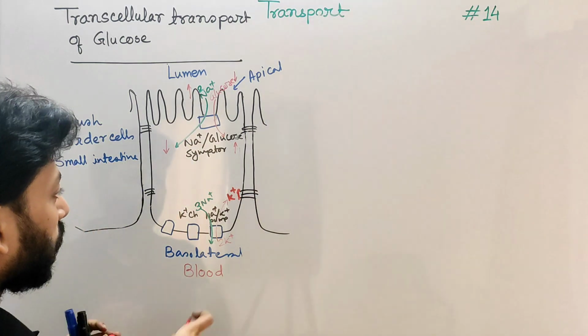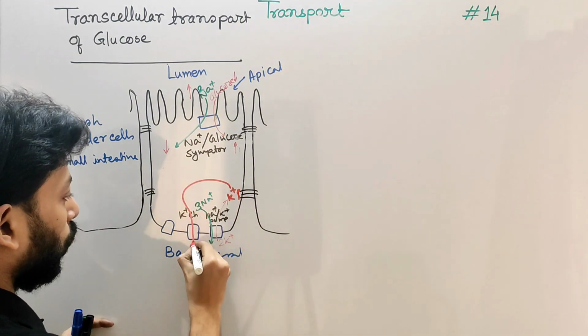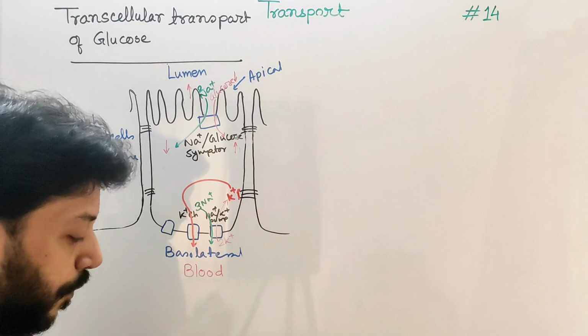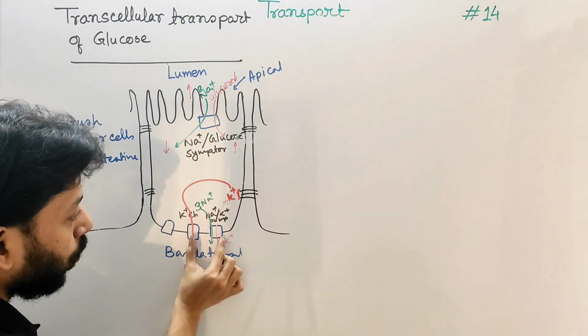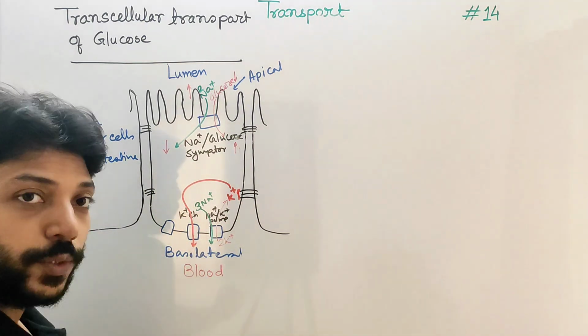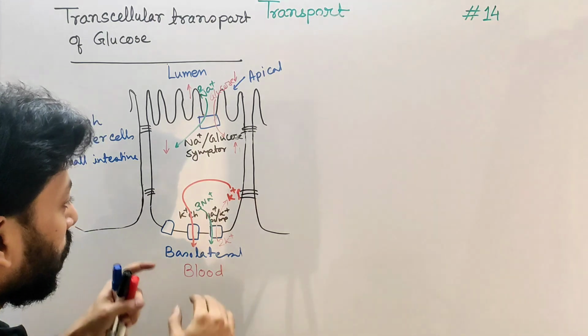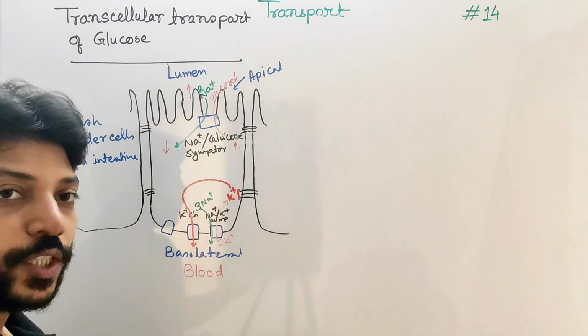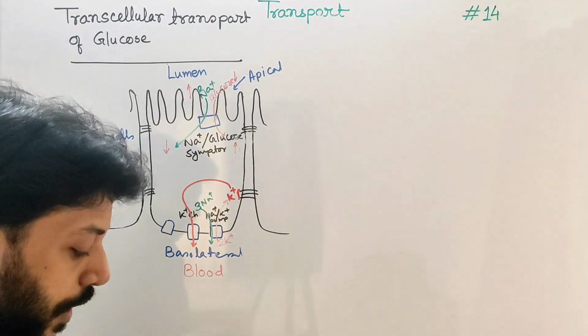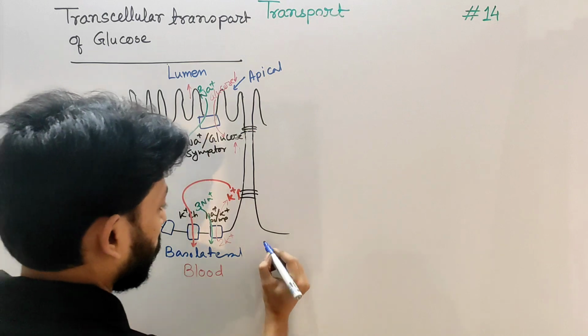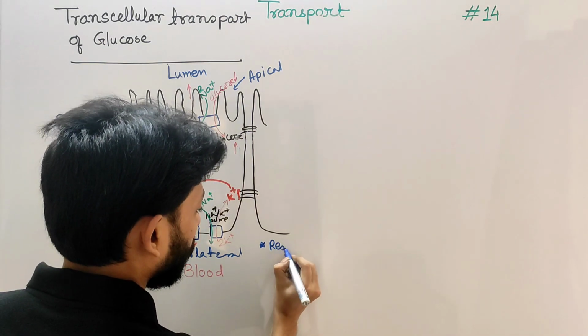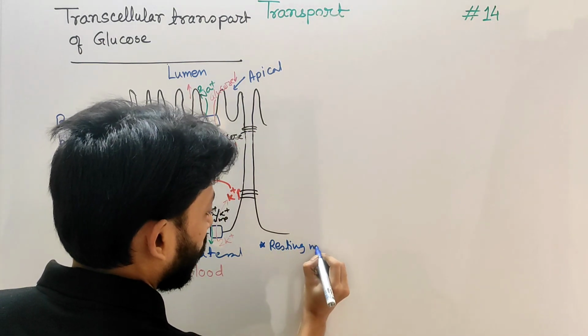Through this, potassium moves out of the cell, and by the working of the sodium potassium pump and the leaky potassium channels, there is the establishment of what is called the resting membrane potential.